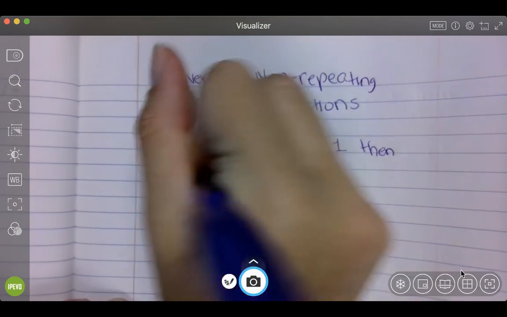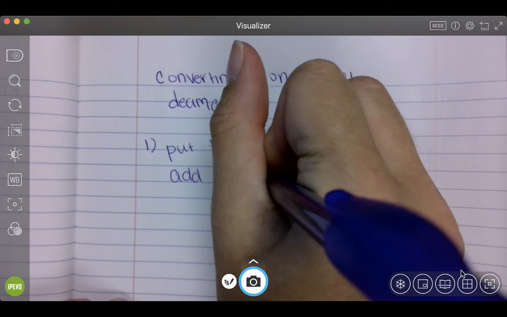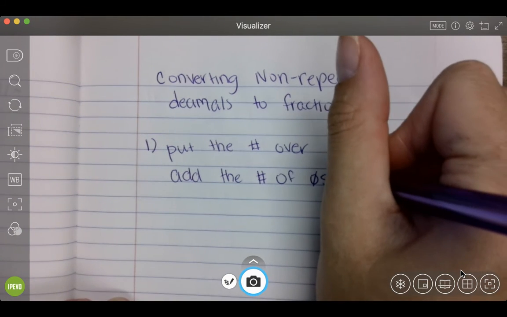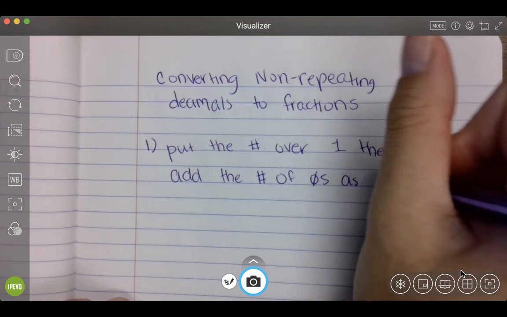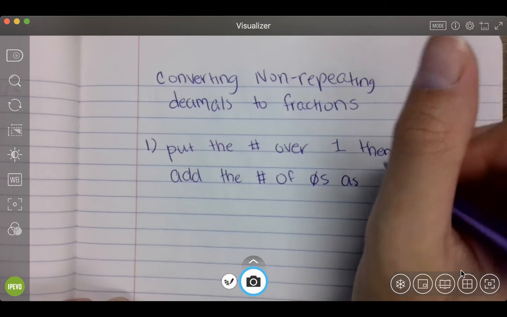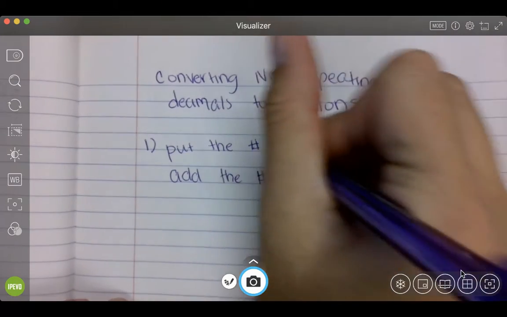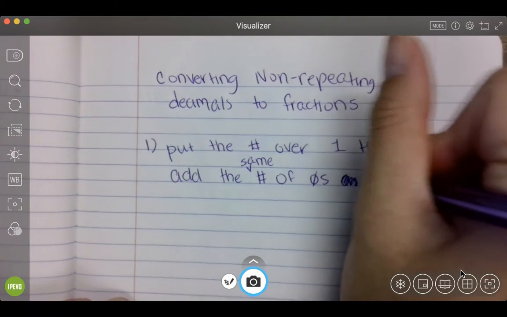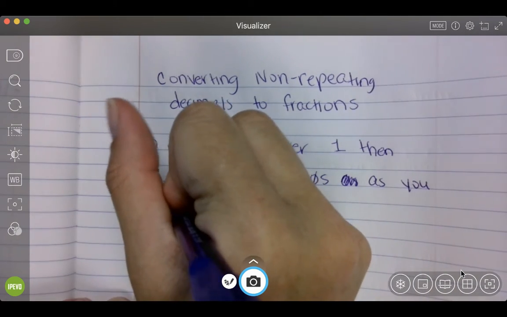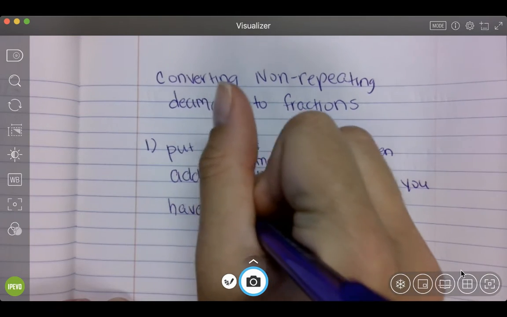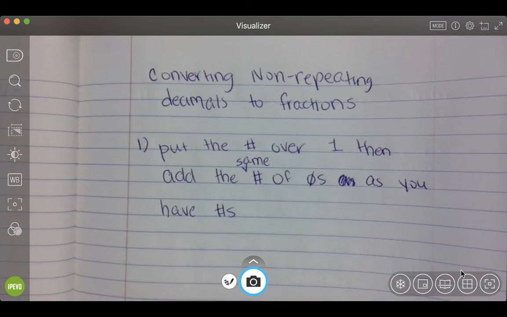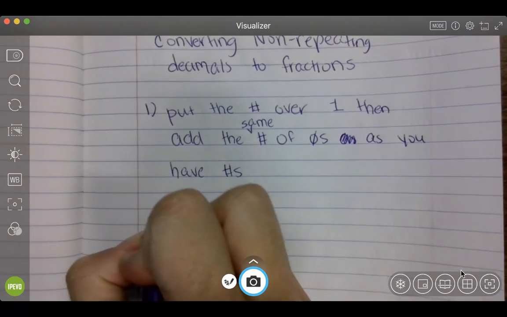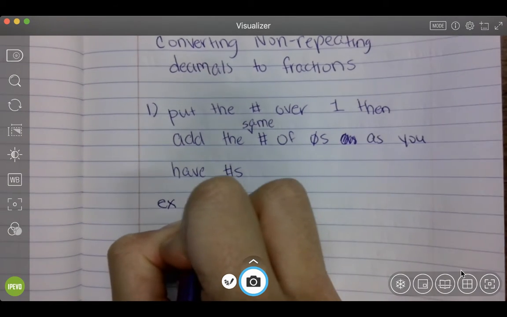Then add the same number of zeros as you have numbers. All right. And what I mean by this, if we do just a few examples, because this should be pretty self-explanatory, you've done it before.